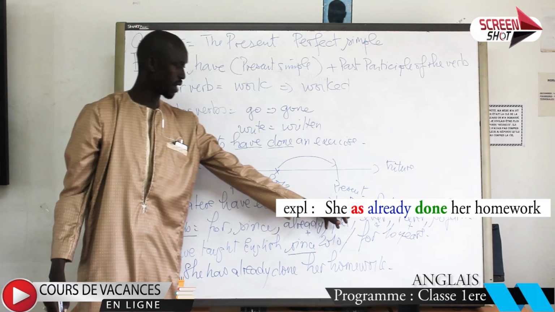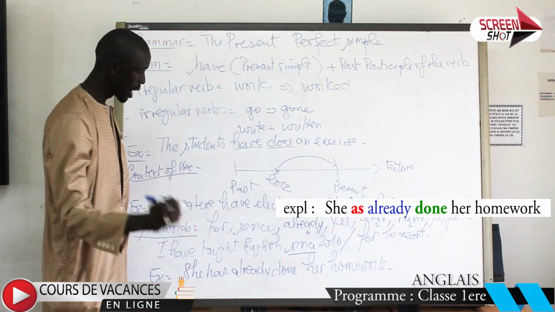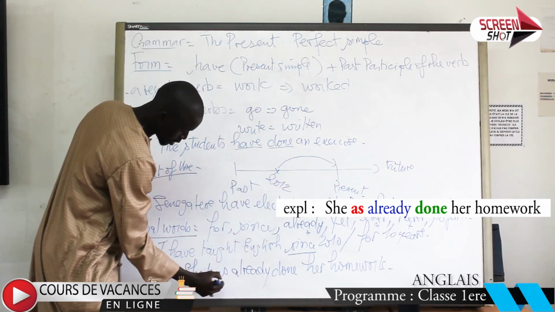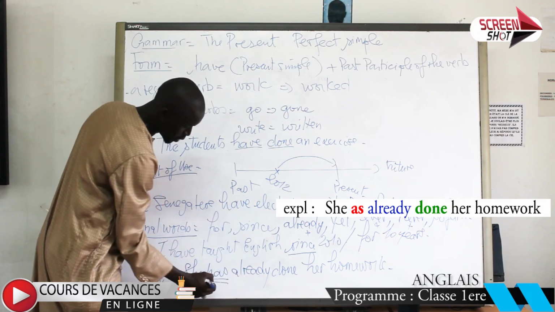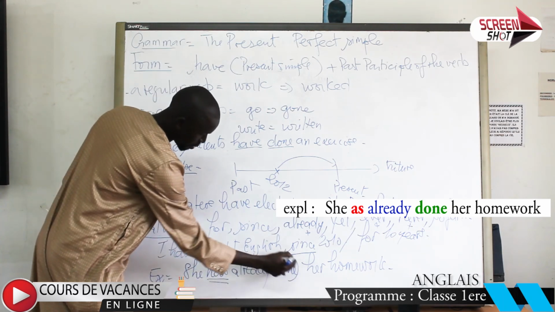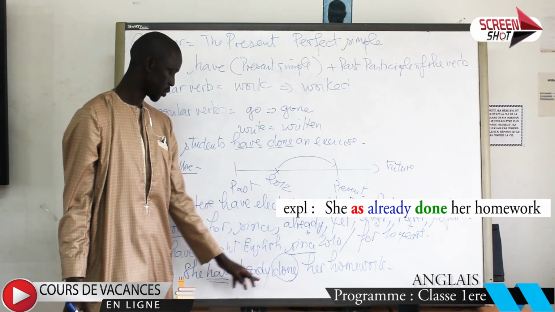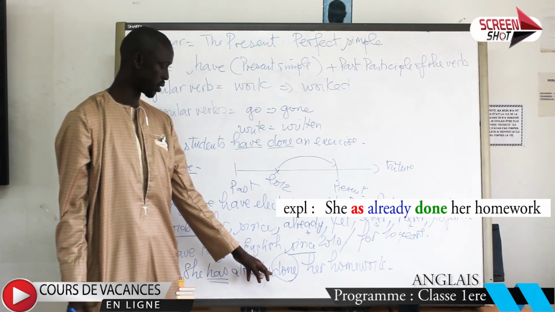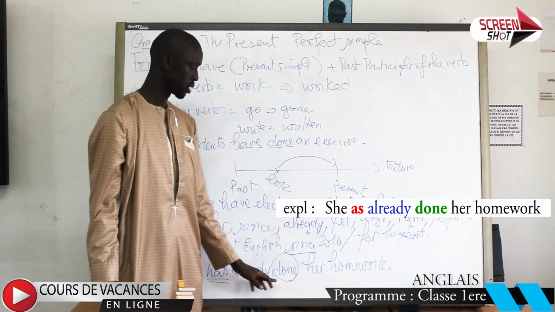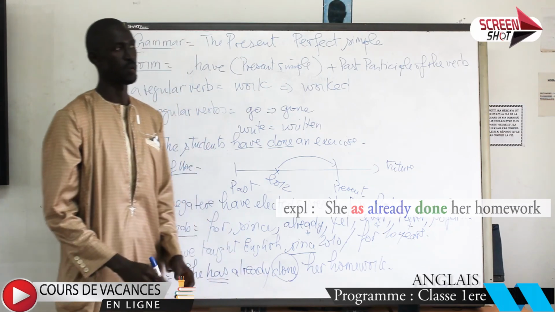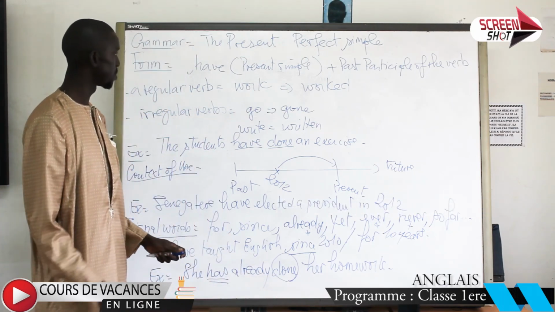Already, ever, or never are always put between the auxiliary and the past participle. Has ever done. You say has never done. Has already done. So here is what we have to deal with the present perfect simple.